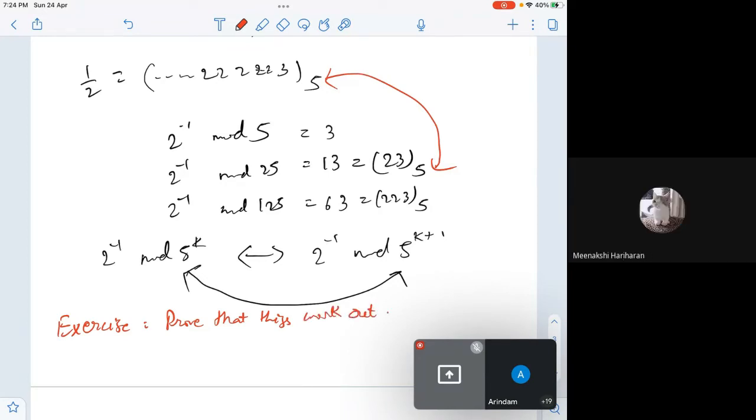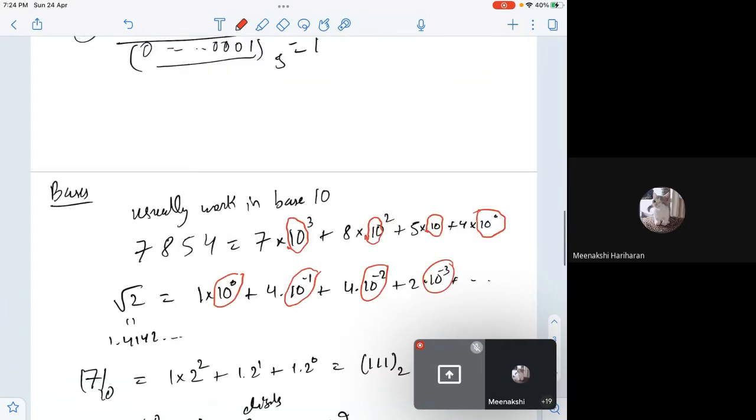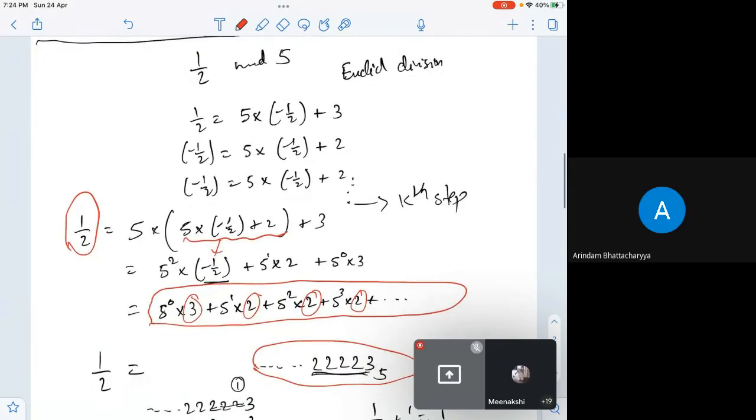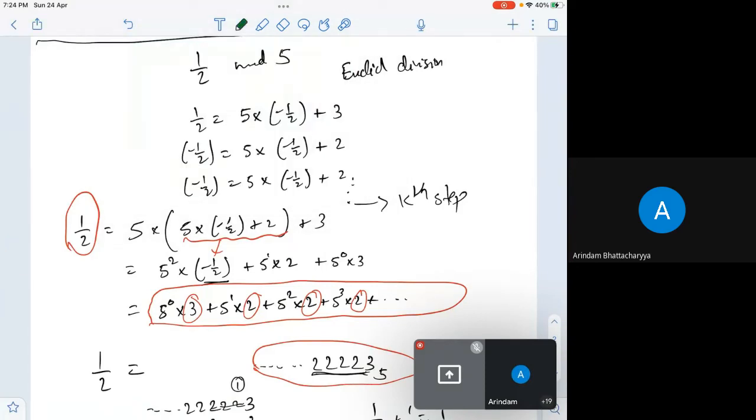Can you explain how 1 by 2 is 2, 2, 2, 2, 3 mod 5 again? Yeah, sure. So 1 by 2, I'm trying to do Euclid division. 1 by 2 is 5 times minus half plus 3, because I need the remainder to be between 0 and 4, right? And this is the only way to do it.